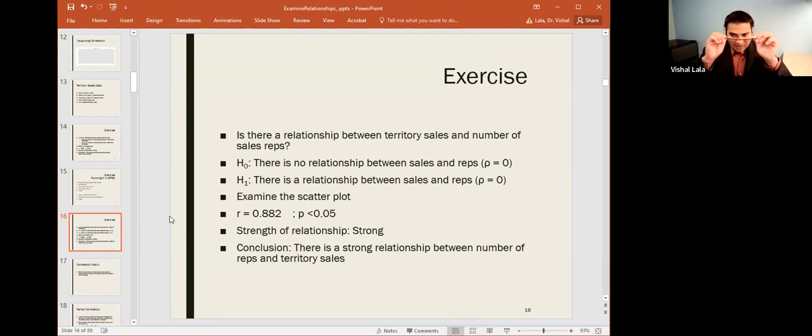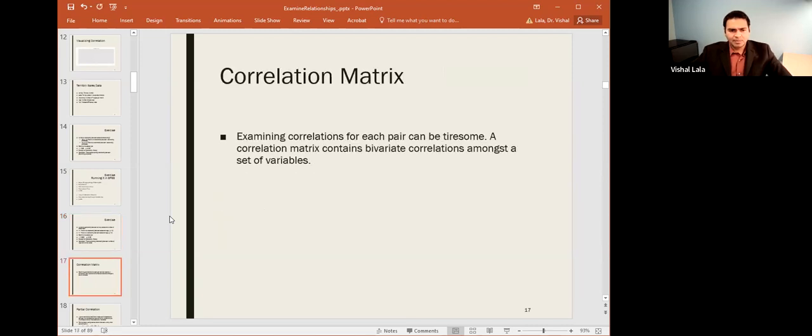Now, in practice, correlation is an extremely useful technique to examine relationships amongst not just a pair of variables, but many pairs of variables. Sometimes folks will take a whole bunch of variables and just throw them into a correlation matrix to examine associations of all variables with each other, almost using it for some sort of exploratory analysis. So a correlation matrix is a common practice.